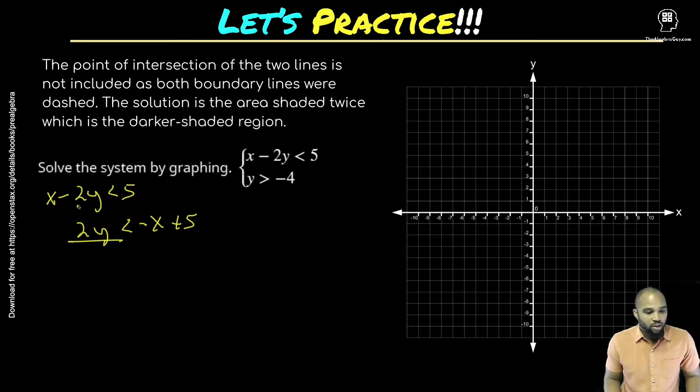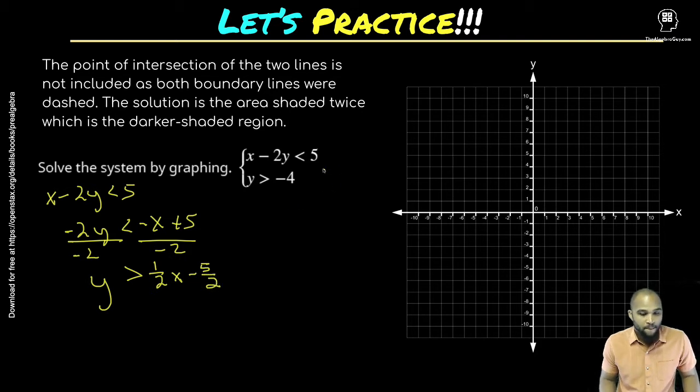So we subtracted our x and we have this negative 2y and we need to divide by negative 2 on both sides. And that leaves us with y, now I change the direction of the sign to greater than, and this is a 1/2 x, because 1 over negative 2 is 1/2, and 5 over negative 2 is negative 5 over 2. All right, now I know this inequality is the same thing as y is greater than 1/2 x minus 5/2.